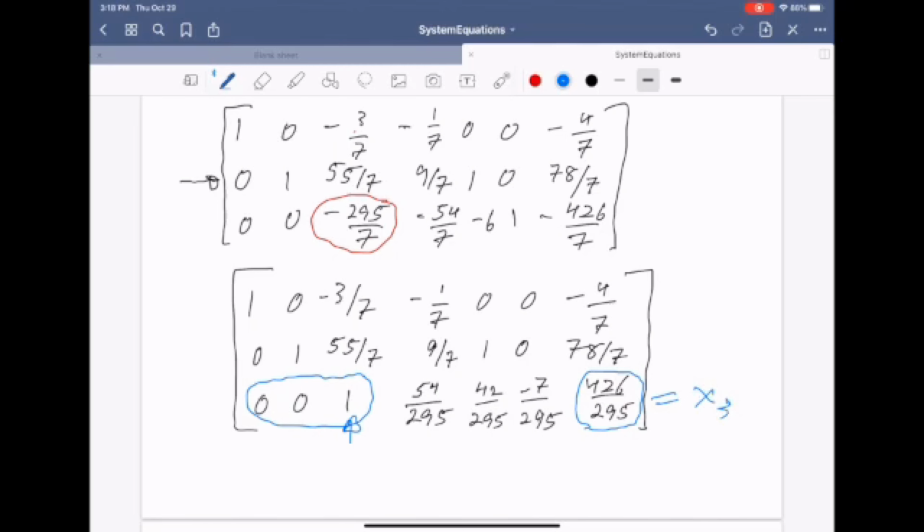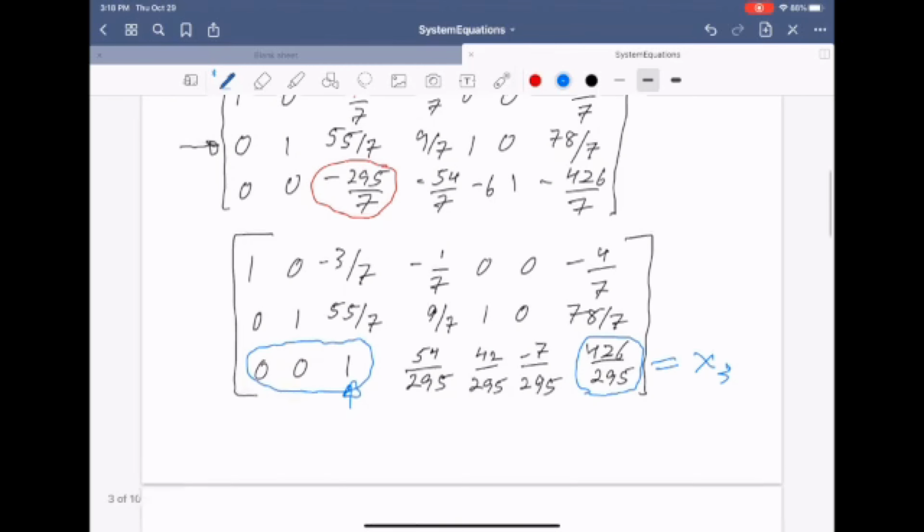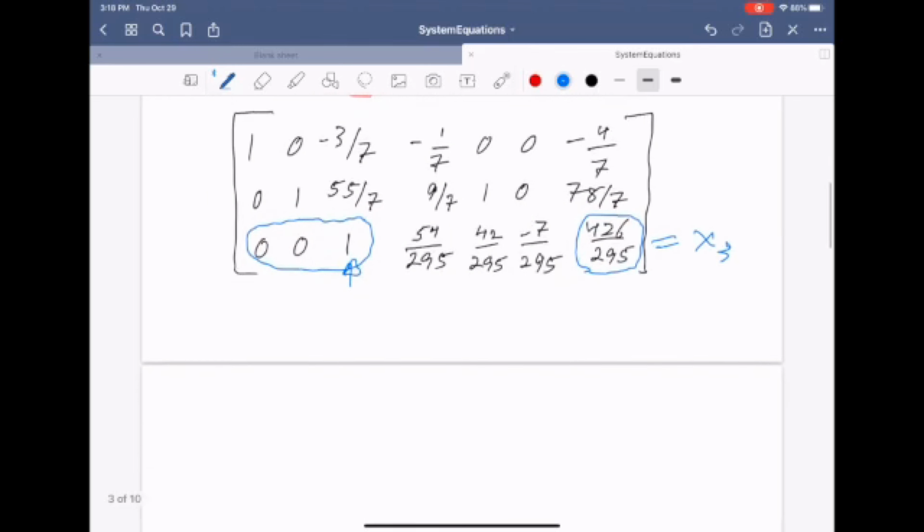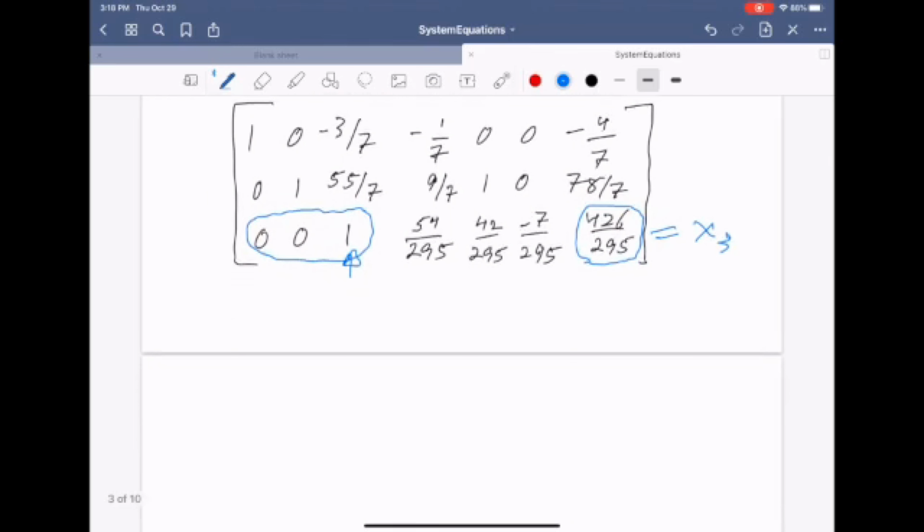Now we've got to find x1 and x2. So how do we find x1? Well, x1, we just multiply, so we got to get rid of that 3/7. So we're going to use that 1 in the third row to get rid of the 3/7.